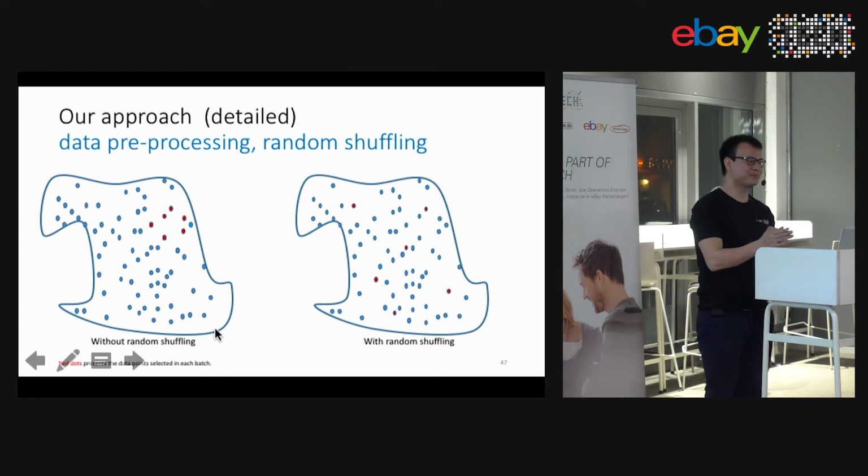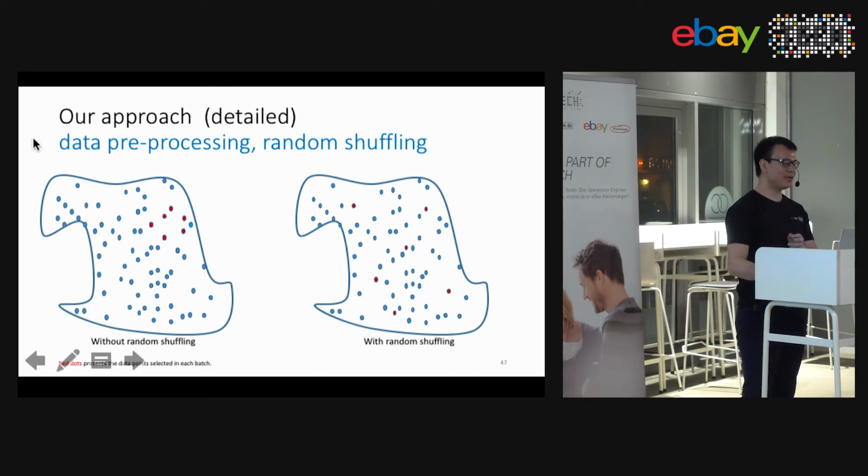Next, random shuffling. Why do we need to do this? There are two input spaces. They are identical with each other. Each dot in this space is one data point, one segment in our case. If I do not randomly shuffle, which is shown on this left chart, then, because I train my model batch by batch, every batch comes from a local area in my input space.